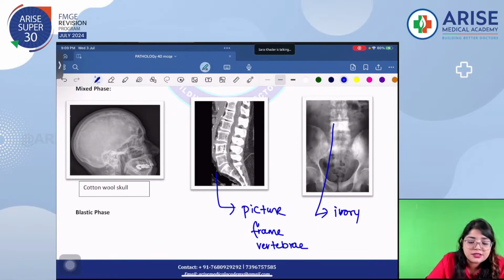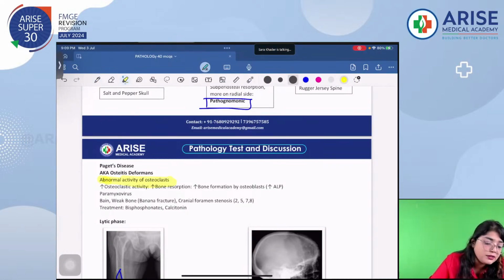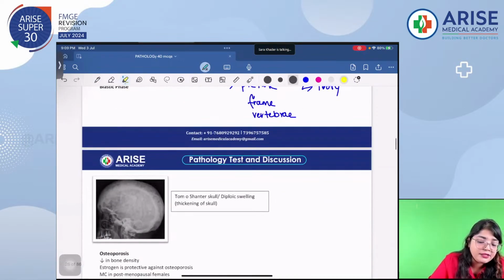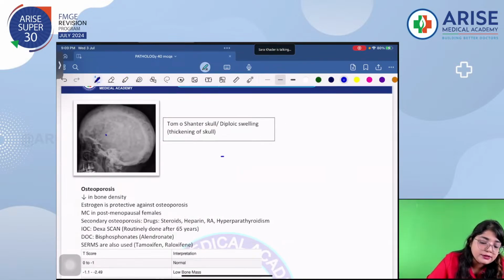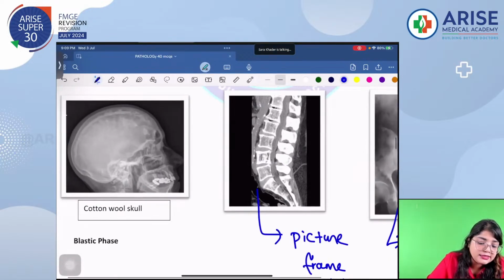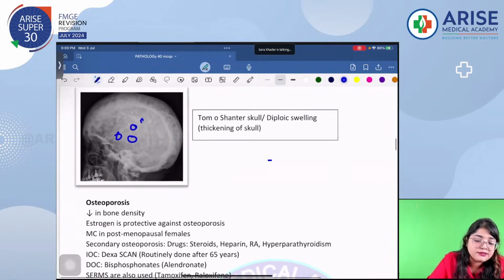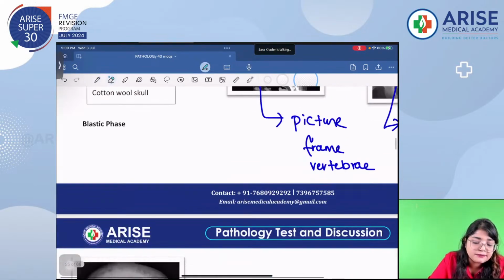Paget's disease happens because of an abnormal activity of osteoclasts. Finally, you have this diploic swelling or the cotton wool skull also. Cotton wool skull is seen here. And you have the Tam O'Shanter skull in the blastic phase.